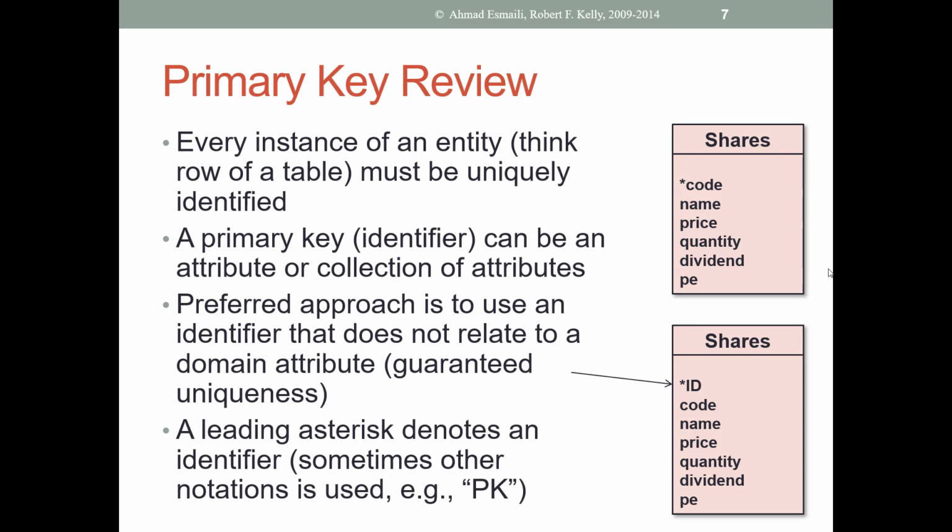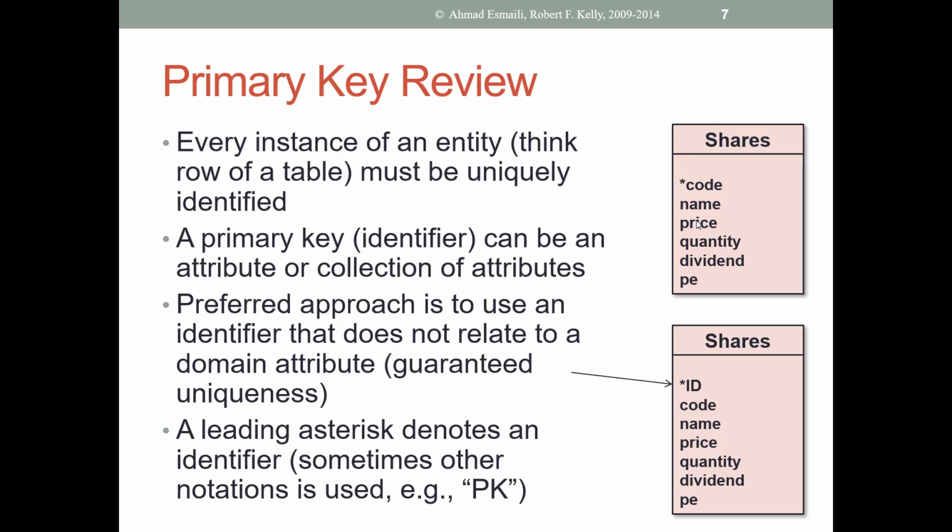And how do we show a primary key in an ER diagram or an RDM? In the RDM, we put a star before the name of the attribute. In the top shares entity, we have code as the primary key. But if you create the same table using MS Access, you realize that MS Access usually asks if it should add a primary key for us.